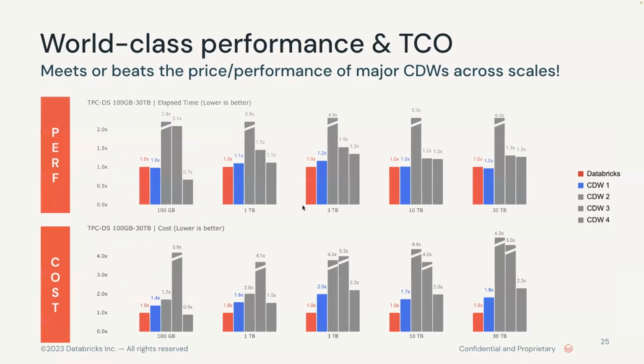We are seeing much better performance on Databricks. These are all TPC-DS benchmarks across cloud data warehouses at scale. If you look at the performance and cost ranging from 100 GB data to 30 TB data, overall for performance, Databricks consistently takes less time, whereas based on the data, the overall elapsed time for different cloud data warehouses varies.